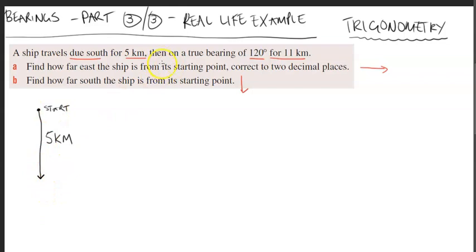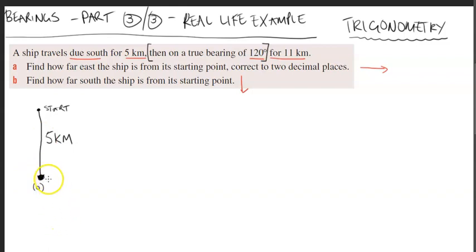Then on a true bearing of 120 degrees. Alright, let's dissect this. True bearing of 120 degrees. And it's a true bearing not necessarily from where it started, but from where it is now. So you can picture this as almost like the new origin.